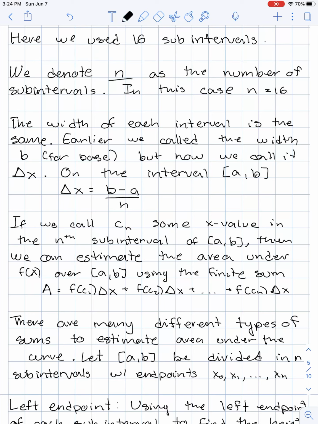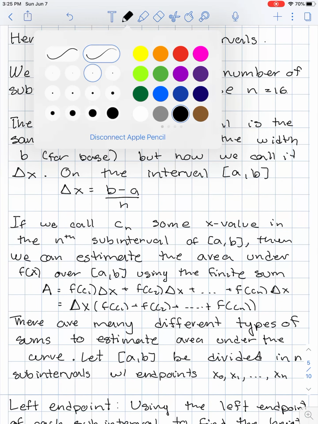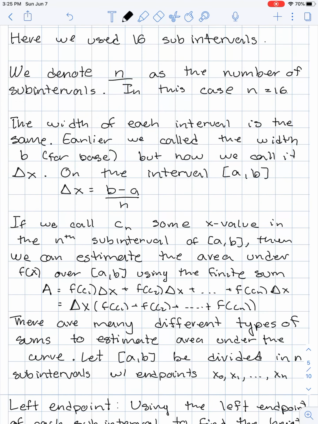We can also pull out that common term: delta x times f of c1 plus f of c2 plus all the way over to f of cn. So when we're adding all these up, it might be better to pull out delta x, add all those function values together, and then multiply by delta x.